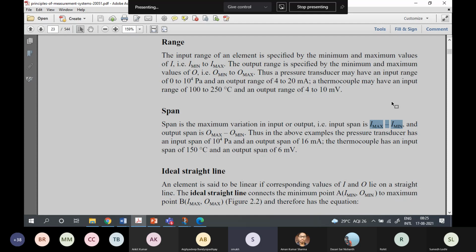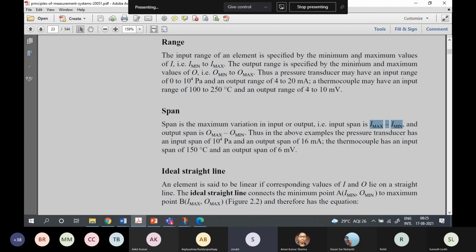In English these terms are confusing, but when you say range, it usually refers to a maximum value. Sometimes it could also refer to a minimum value. When you say span, it means Imax minus Imin. So basically, it is also a range of values, but that's the terminology.